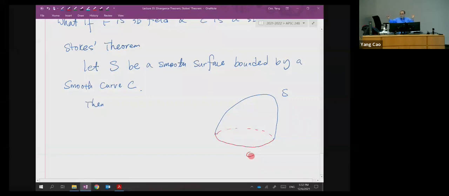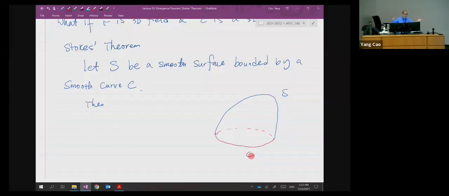Topologically speaking, if you have a surface that is not closed, then you have a boundary, right? So what if the surface becomes closed? Where did that boundary go? Would you still have a boundary for a closed surface?